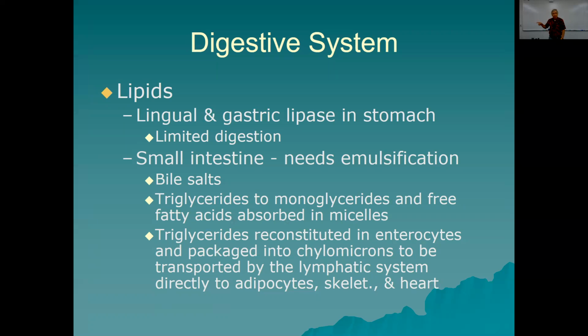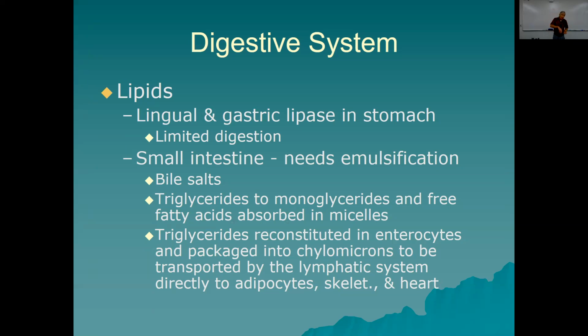The lacteal, there's a lacteal in every villus, and the chylomicrons are put into the lacteal. They percolate down to lymph nodes and everything in the thoracic duct, up to the subclavian veins.